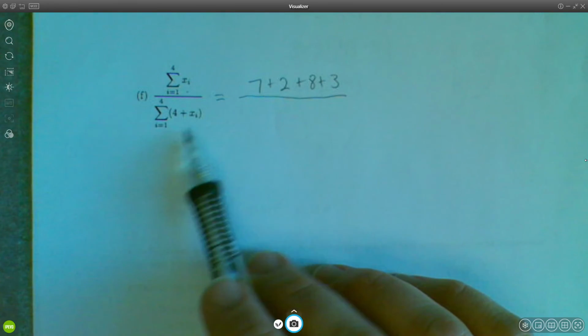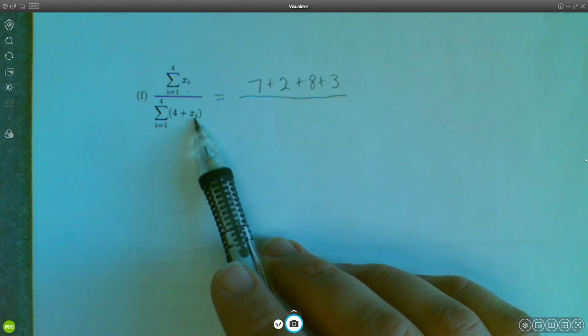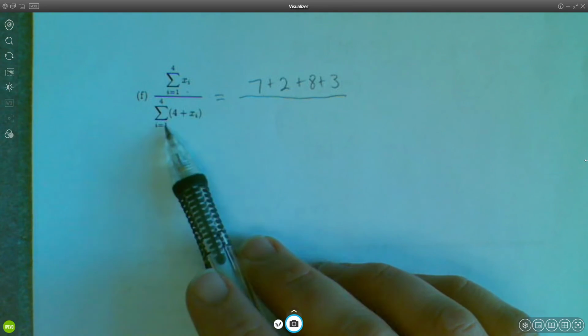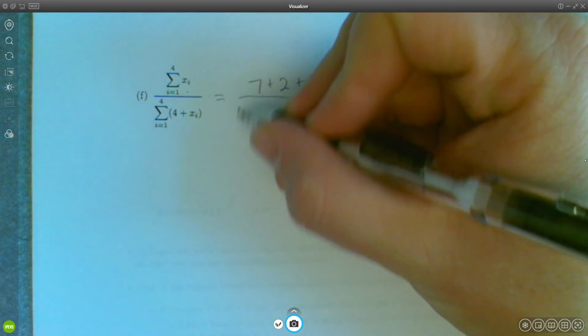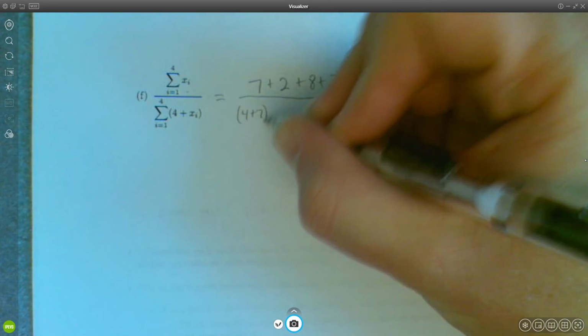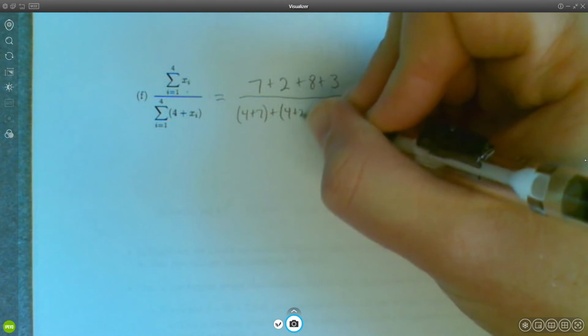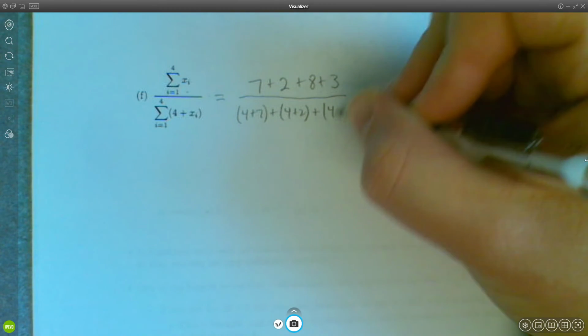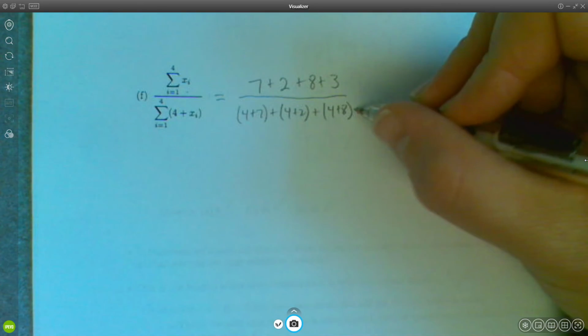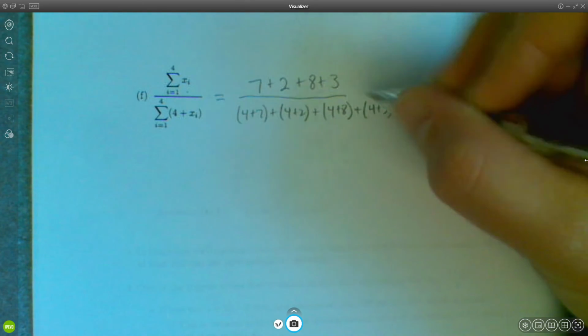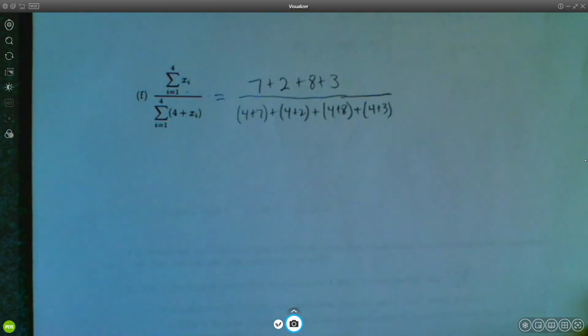And then I want to divide that by the sum of 4 plus x1 plus 4 plus x2 plus 4 plus x3 plus 4 plus x4. So this is going to look like 4 plus 7 plus 4 plus 2 plus 4 plus 8 plus 4 plus 3. And that's what the denominator is going to look like.